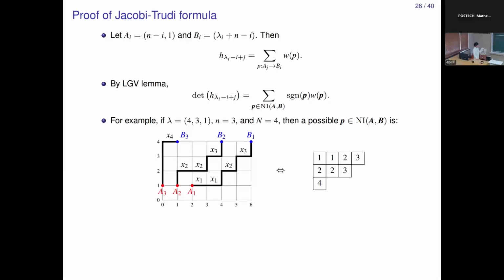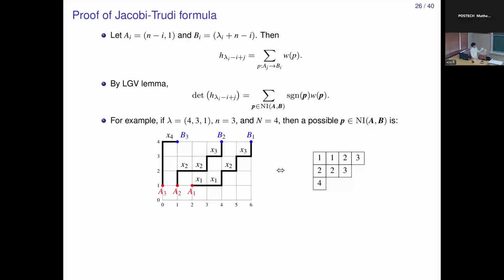So we are exactly in the situation of the LGV lemma. The LGV lemma says that this is the generating function for all non-intersecting lattice paths from the A's to the B's. But because of the way they are arranged, if you want to have non-intersecting lattice paths, A1 must end at B1, and A2 must end at B2, etc. So that means the permutation is always the identity. So the sign is always plus.